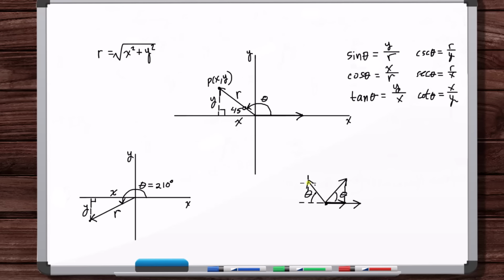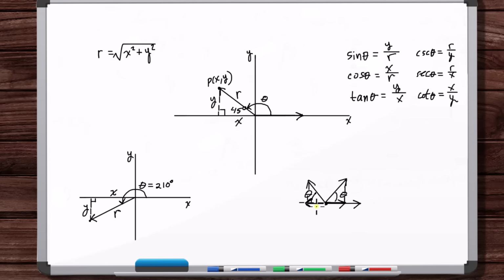Well, if you took the dot product between this force and this direction, what that means is you would project this force onto this direction, and then you would multiply that by the magnitude of like the velocity. Well, these are the exact same force magnitudes, and they're at the exact same angle from the horizontal. So you're multiplying the exact same force magnitude by the exact same direction magnitude. So you're going to get the exact same value.